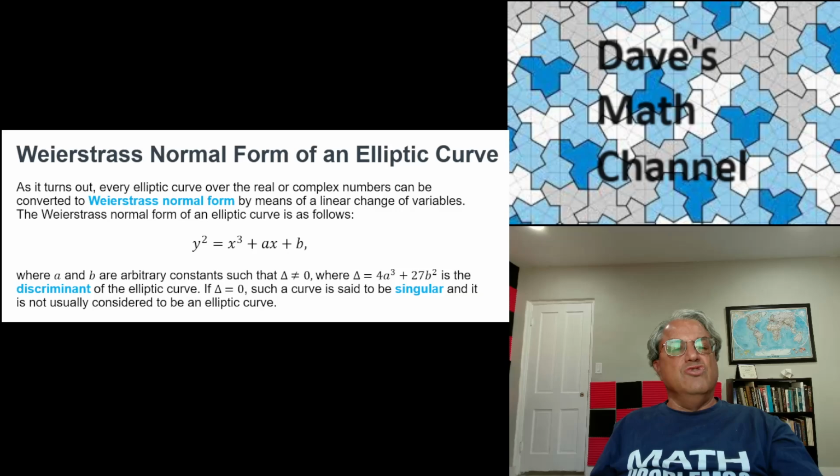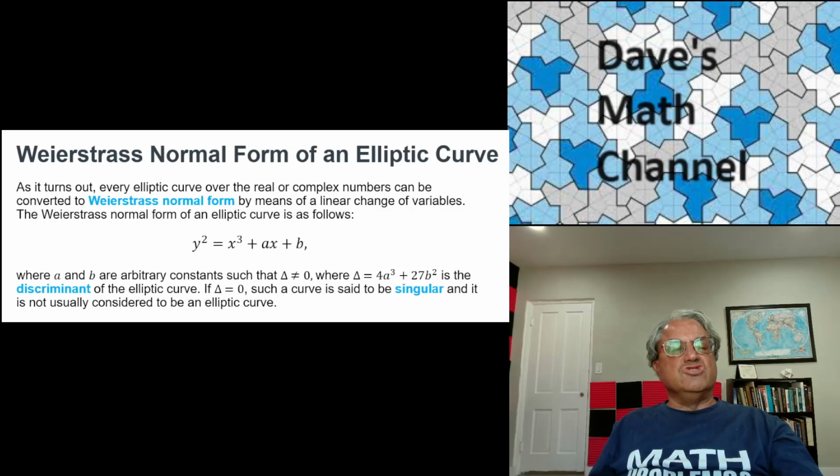Weierstrass normal form is y squared equals x cubed plus ax plus b, where a and b are constants. And the only requirement on a and b is that the discriminant, this quantity 4a cubed plus 27b squared, cannot be zero.